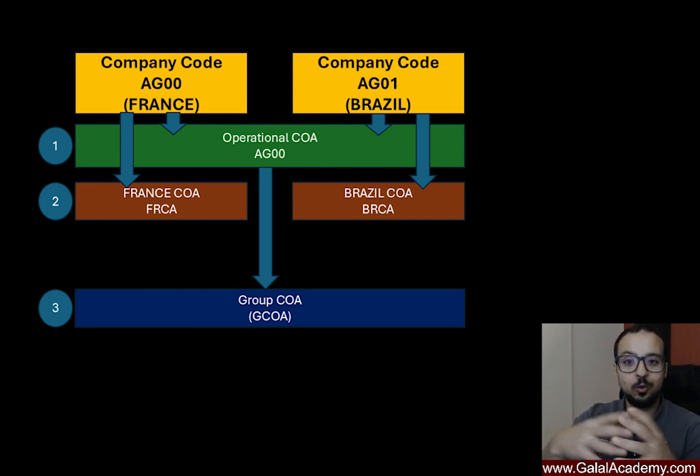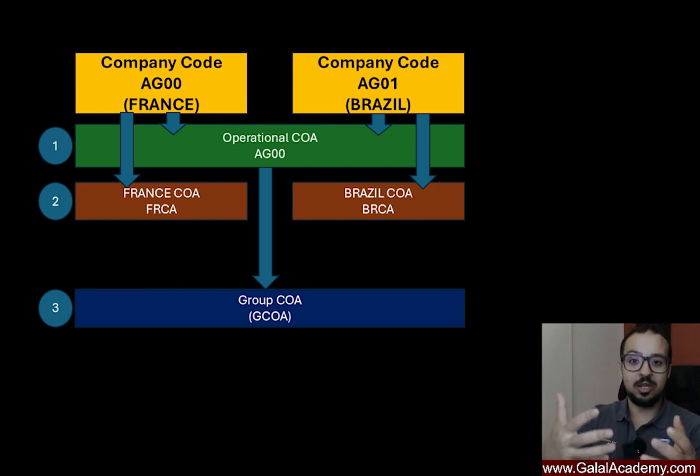And then when people talk together, they always say, whenever we post the inventory, it should go to the account number 700 something. Whenever we post cash, it goes to the account 100 something. When we post, for example, expenses, it goes to the account 600 something, and so on. So all the accounts are common and shared between the different legal entities.